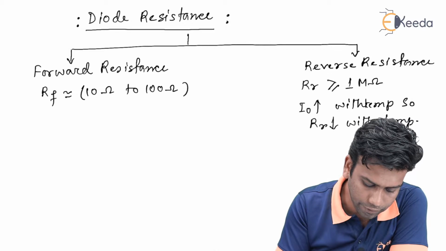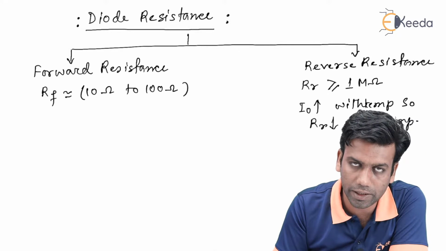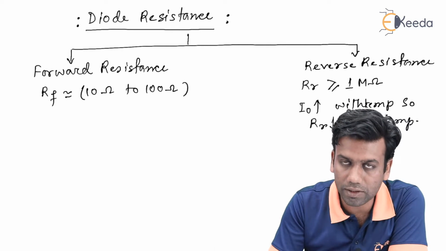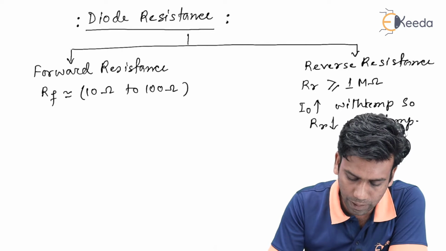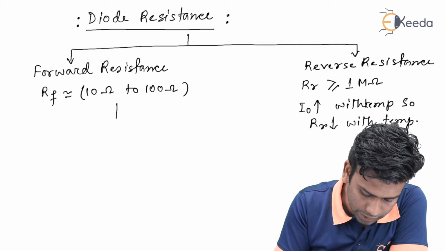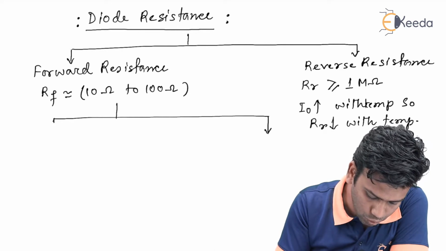Now, forward resistance of the diode means the resistance of the diode in the forward bias condition, and reverse resistance means the resistance of the diode in the reverse bias condition. The forward resistance can be classified into two groups.